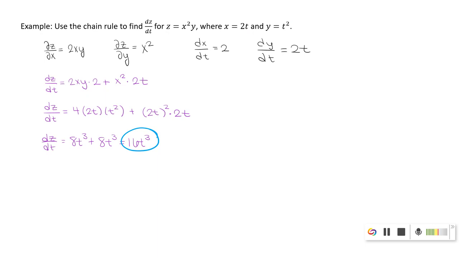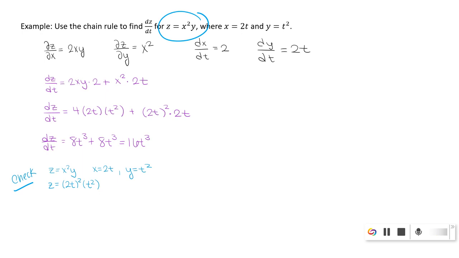Now I used the chain rule to solve this problem, but to verify that the chain rule is working, there's another way we can do this problem. We could do the substitution first, and hopefully we get the same answer. If our function is x squared y, before we take the derivative, we could replace the x with 2t and the y with t squared.